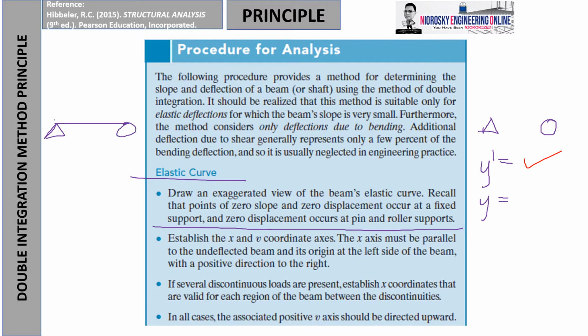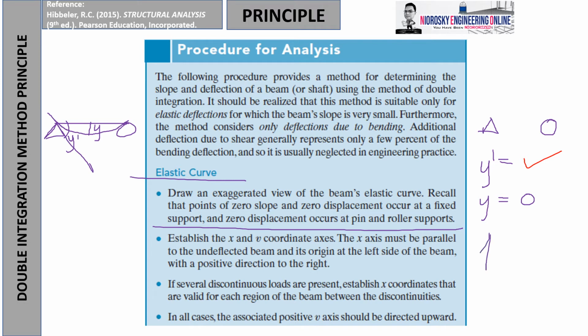Magde-deflect yan, so basta pag nag-deflection, sabihin natin y, at kapag may slope, siya yung y prime. Y prime is given on a hinge or roller kasi it allows rotation, while the displacement or deflection is said to be 0 unless the supports are yielding. But for the meantime, we will assume that the supports are not yielding. So, slope is only allowed.